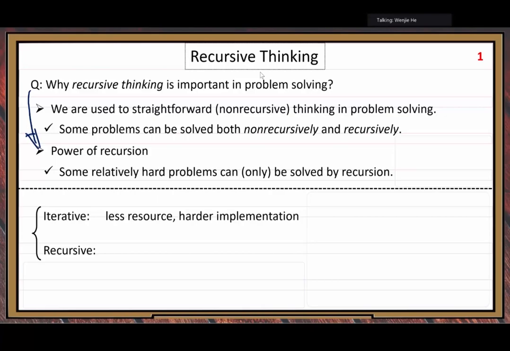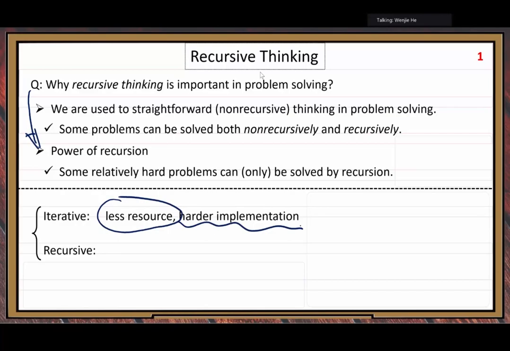Advantages for iterative algorithms, compared with the recursive: in general, it uses fewer resources. That's an advantage. But the implementation part is harder.